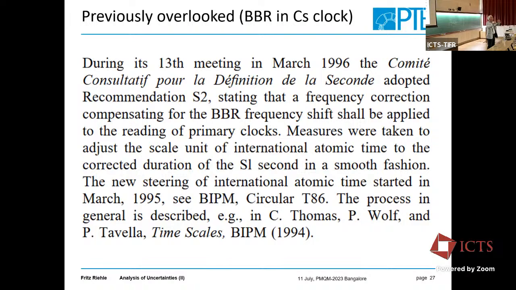So what they did was steer it gently from the old value to the new value. It's a little complicated process, but it worked. And after this overlooked contribution, the world is okay now.